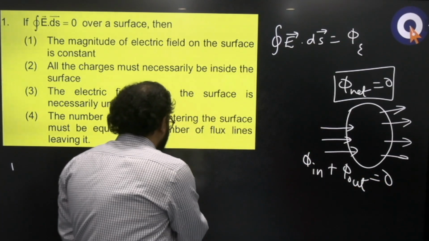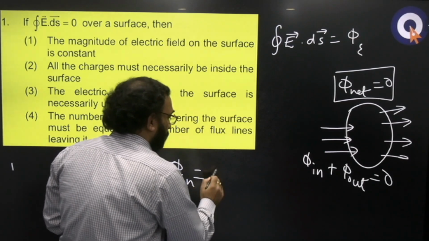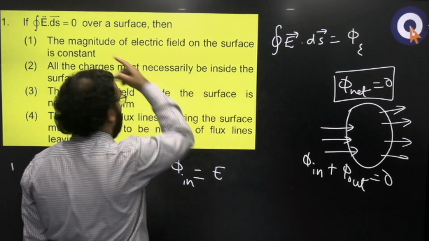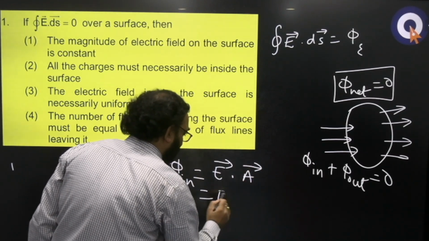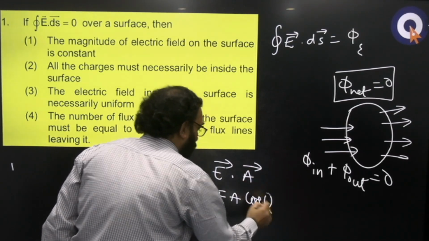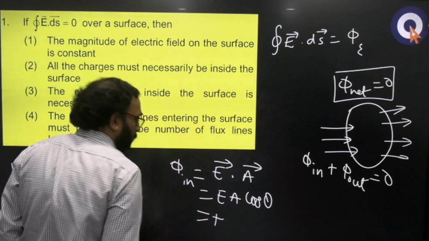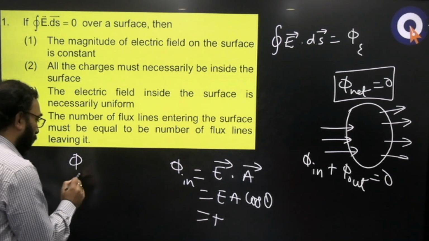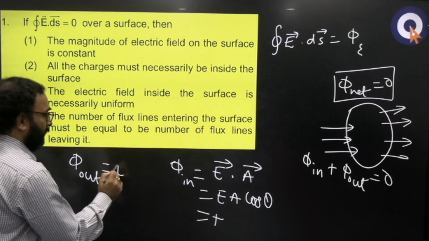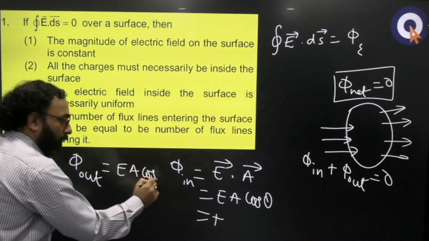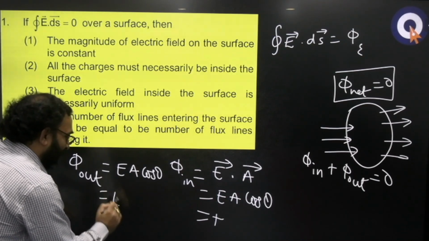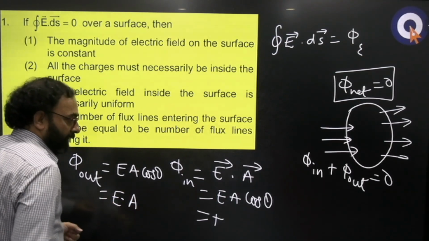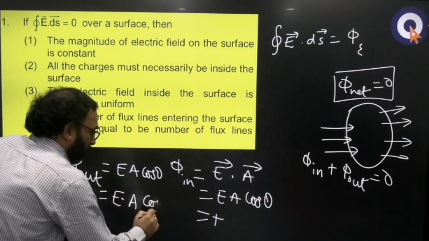Inward flux: E bar dot ds bar, if you split, we'll get E bar dot A bar, which is EA cos theta. So the inward flux, by the definition of flux, is electric field E, area A, into cos 180.